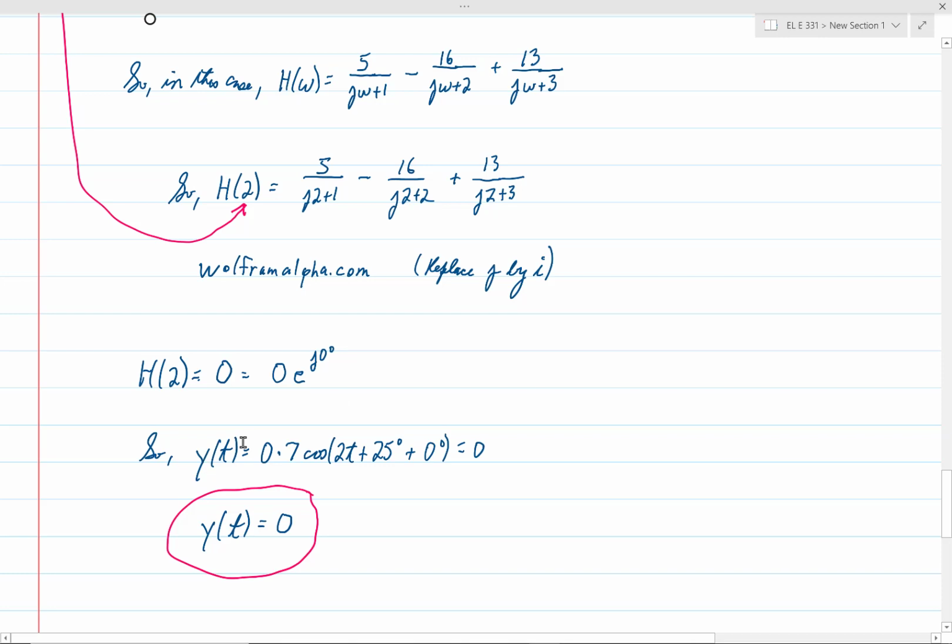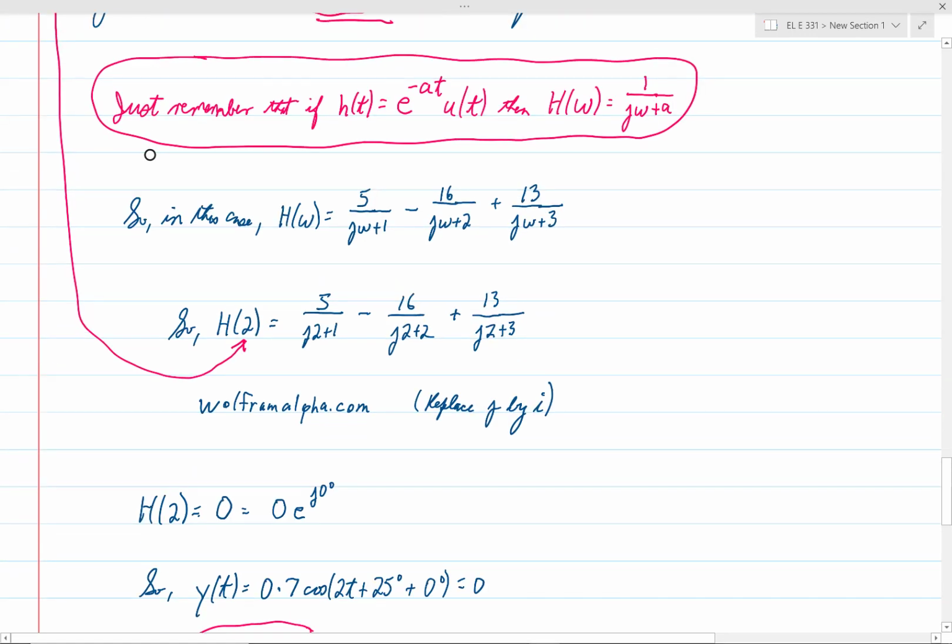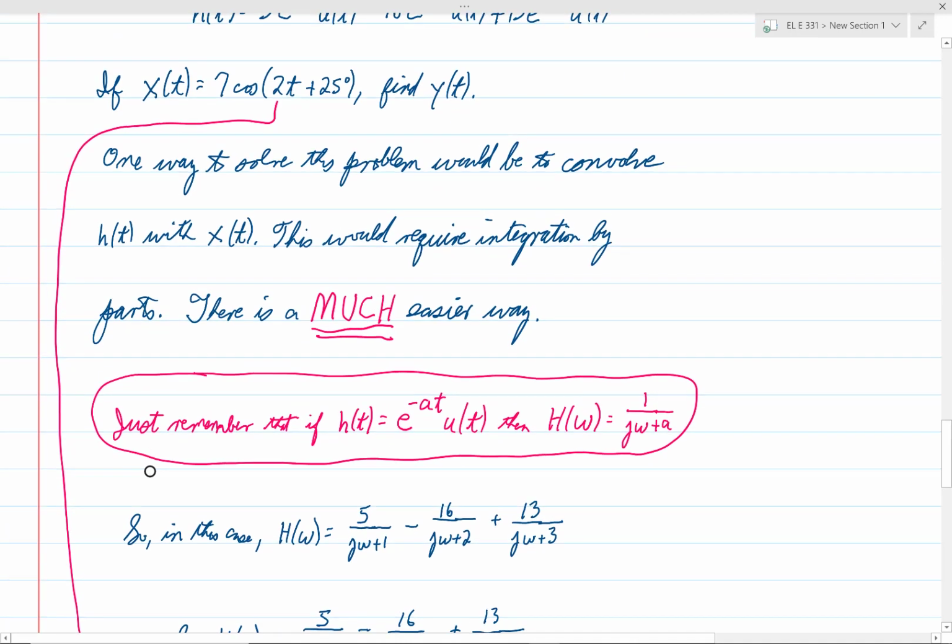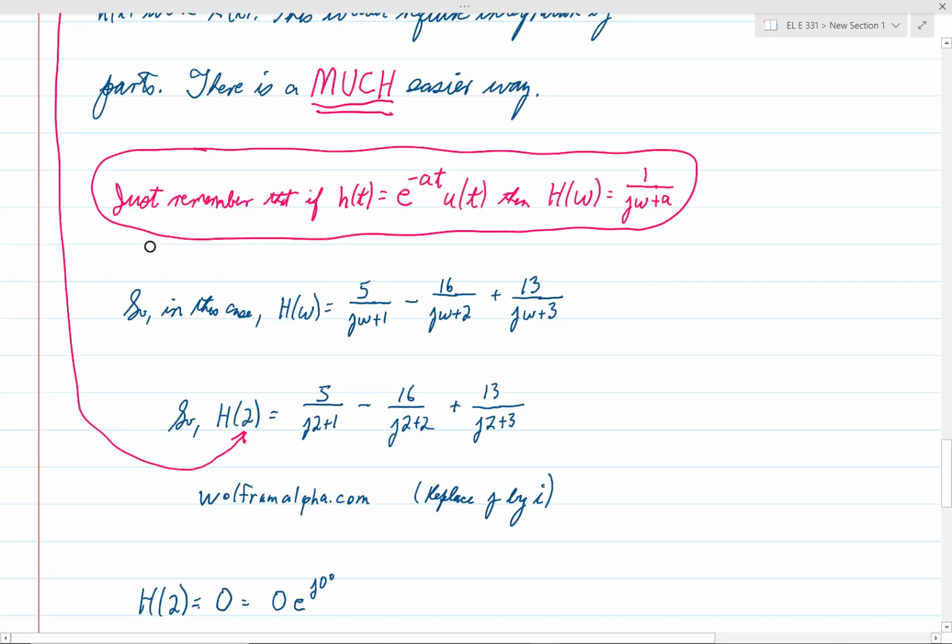So y of t is equal to, now this is not 0.7, but this is 0 times 7, okay? Remember our input up here is 7 cosine of 2t plus 25 degrees.